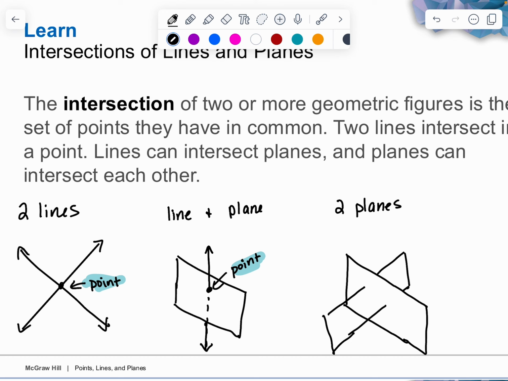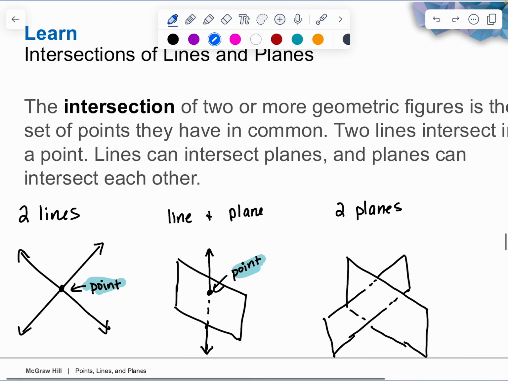So then this part in the back starts to, here we go. And they intersect at a line, and we're going to make that a different color.